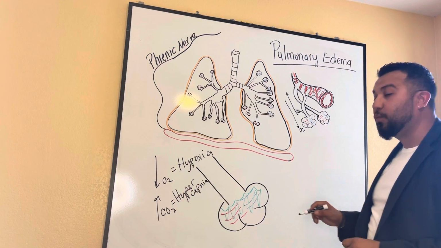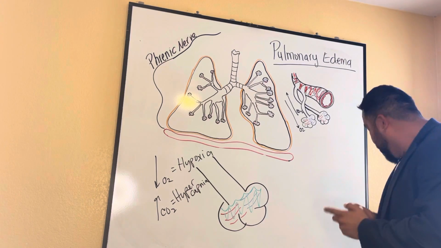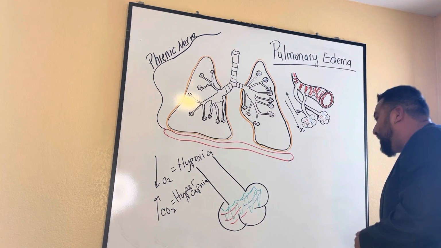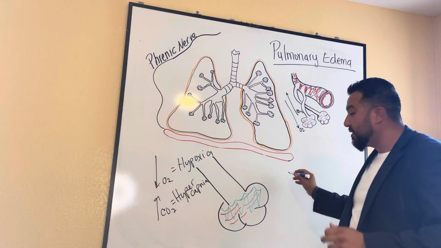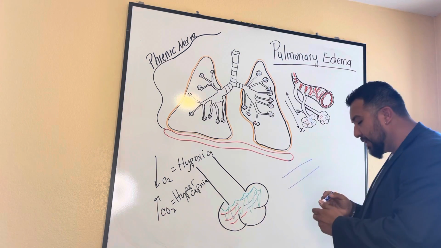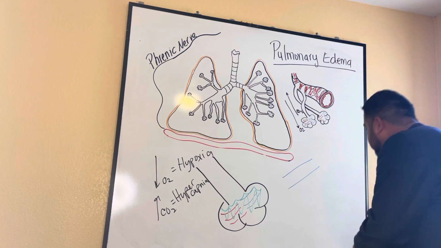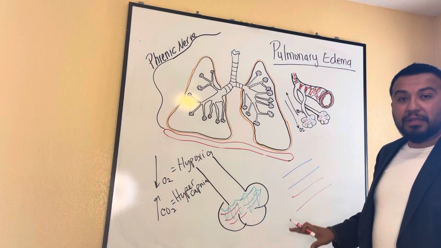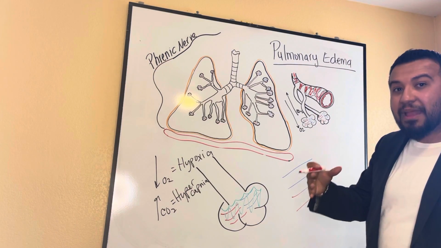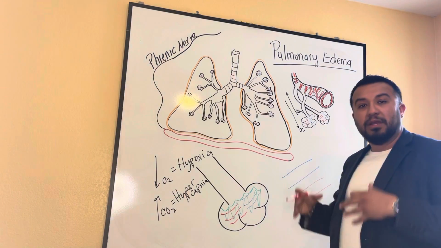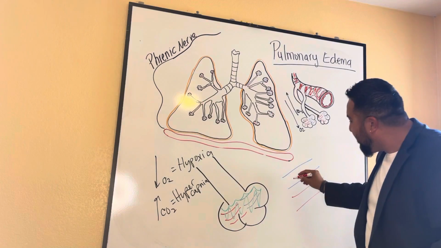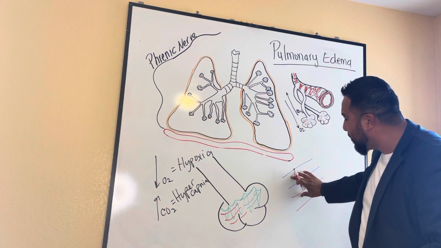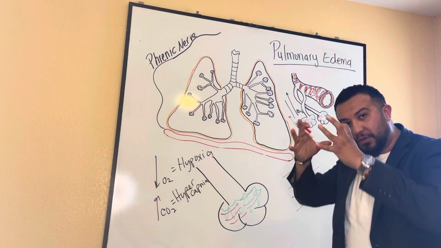Let's address one more thing first. When you have pulmonary edema, what ends up happening is that the blood vessels, let's talk about the veins, let's talk about the arteries, they contain blood, and blood is also made up of plasma, the water component of blood. Well, that fluid is escaping the vascular space and it's going inside the alveolar sac.